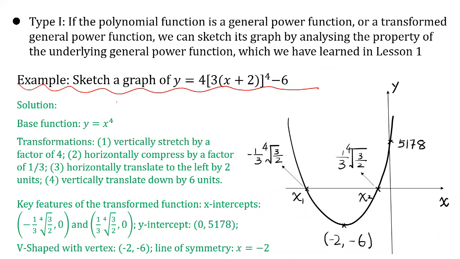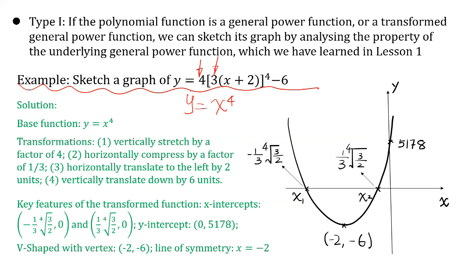Here is an example. Sketch a graph of y equals 4 times (3 times (x plus 2)) raised to the fourth, minus 6. This can be treated as step 1, right? Because we have already learned this. This can be obtained by transforming the original function, which is y equals x to the fourth, right? And this factor corresponds to a vertical stretch of 4.